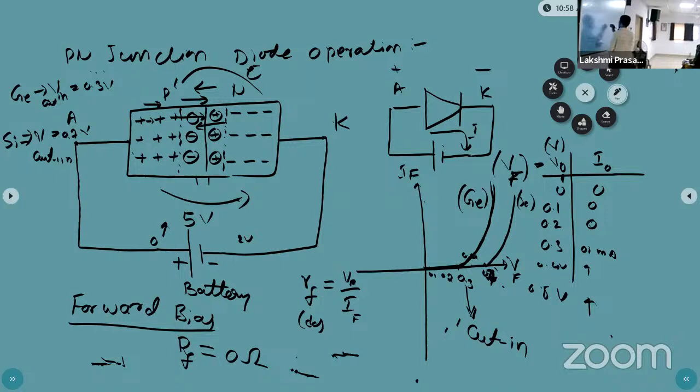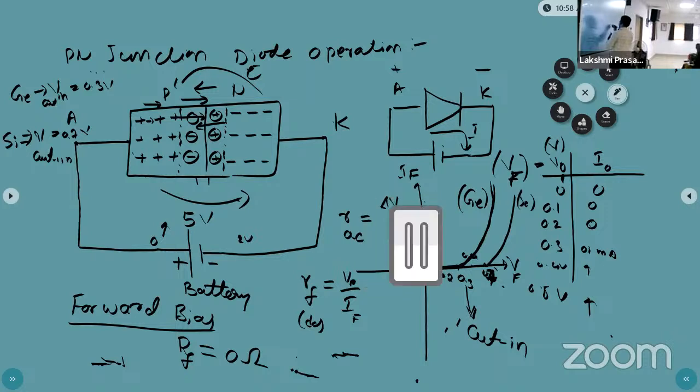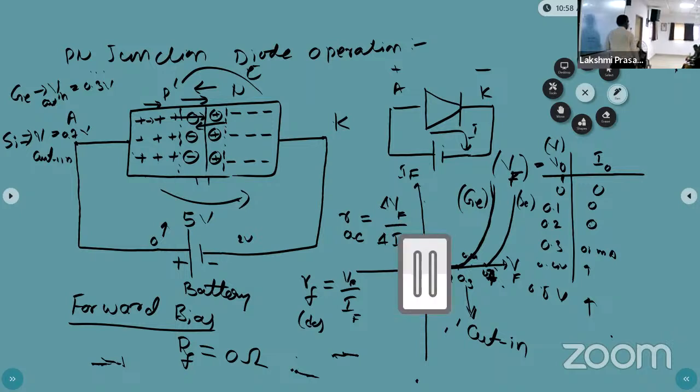And one more resistance is there. That resistance is denoted as RAC. AC is alternating current. So now this RAC is defined as delta Vf by delta If. What does this delta indicate here? Difference value. Difference of forward voltage.